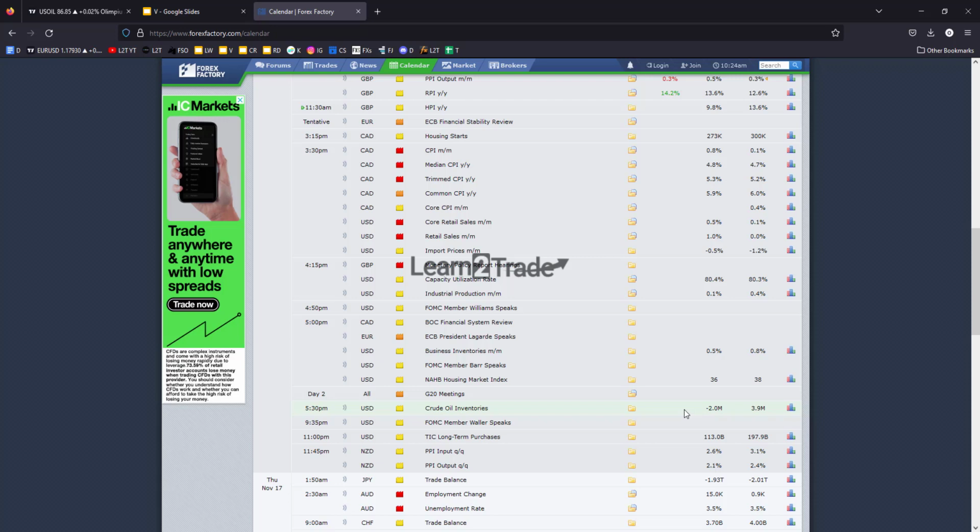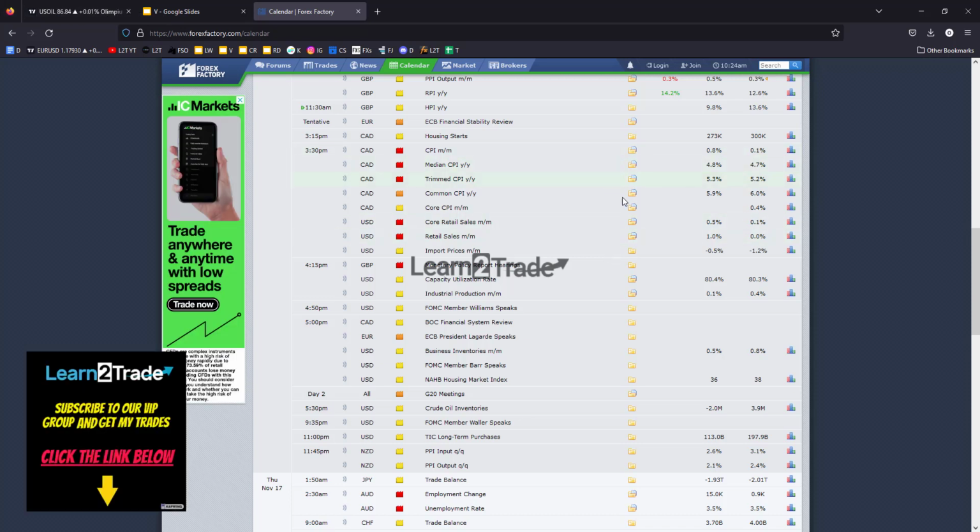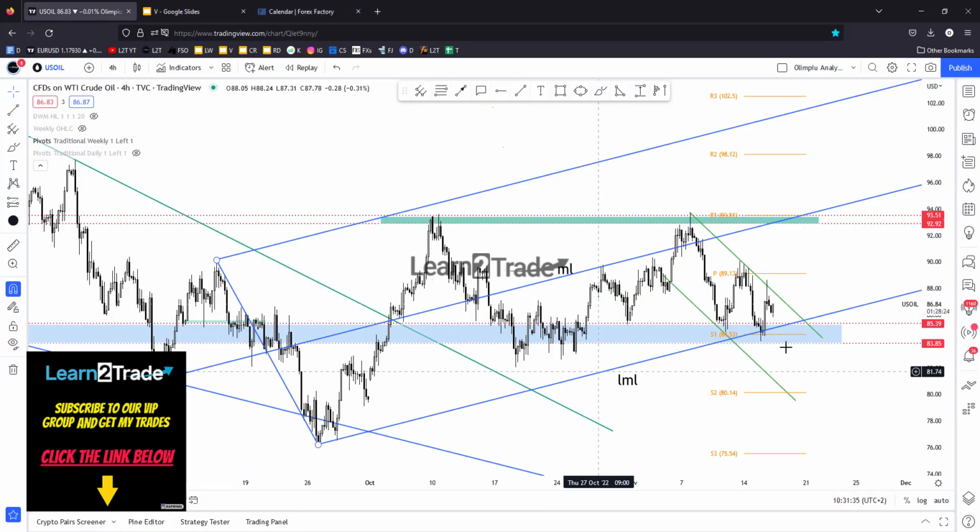This could be good for the price of US oil. Also, if the Canadian dollar appreciates versus the US dollar after the CPI and the US data, then maybe the US oil could develop a new bullish momentum.